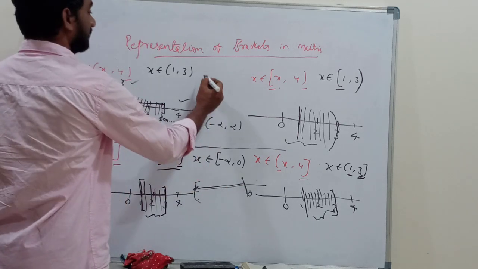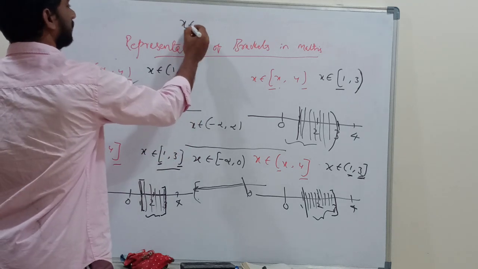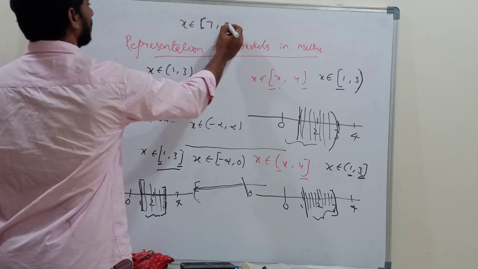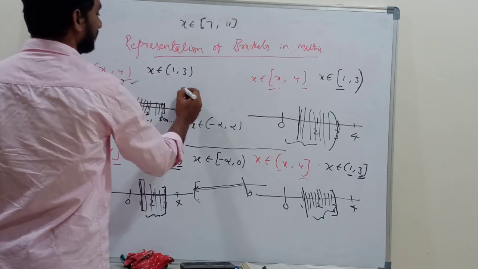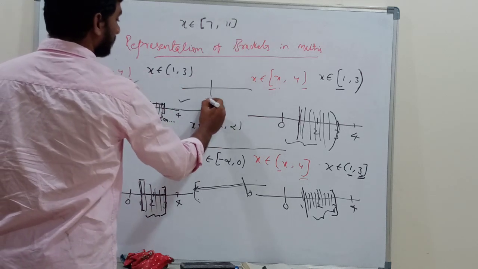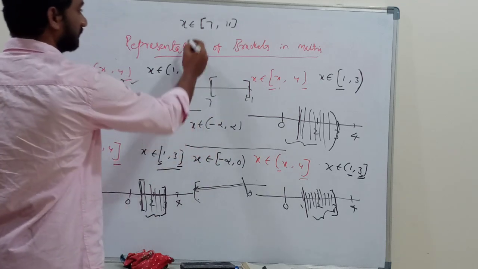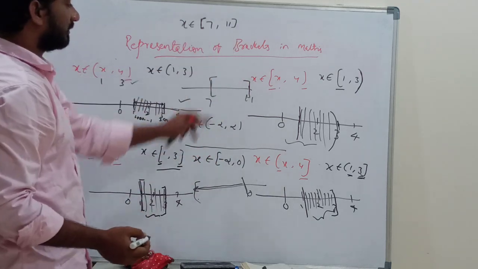If anyone says x belongs to closed bracket 7 comma 11 closed bracket, on a straight line, if this is 7 and this is 11, this whole portion comes under x belongs to closed bracket 7 comma 11 closed bracket.